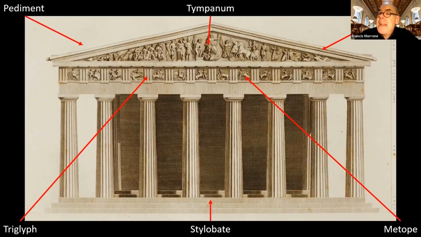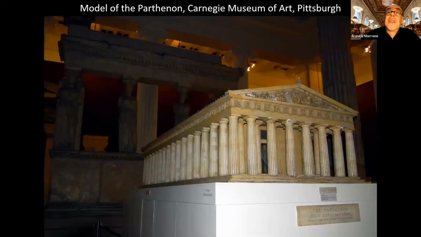The red arrow points to another relief sculpture. So in the Parthenon, the metopes are filled with relief sculpture. So these are the important terms to note.